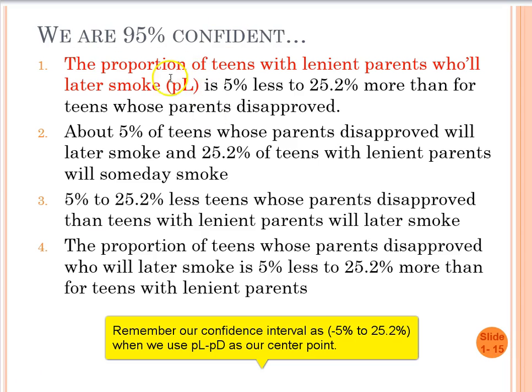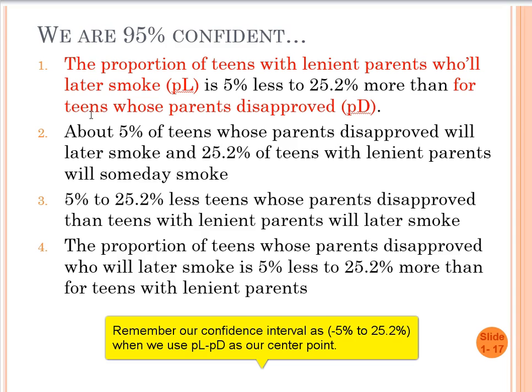So we can just write that as PL is 5% less to 25% more than for teens with disapproving parents. Now, the disapproving parents is what we denoted as PD. So this first statement says that PL is 5% less to 25% more than PD, which is what we found with our confidence interval before.